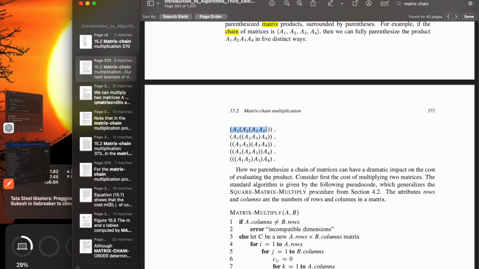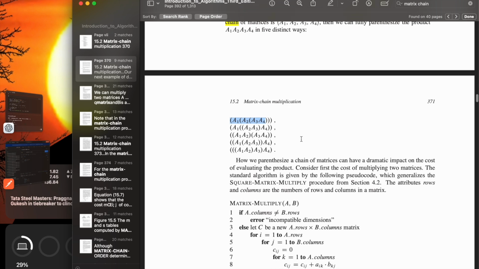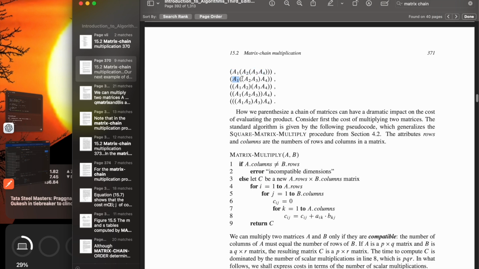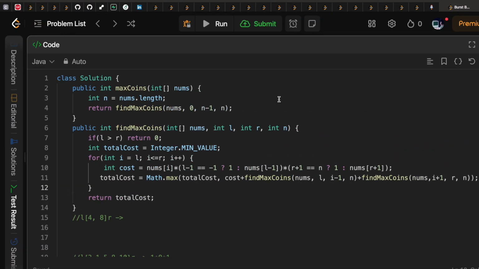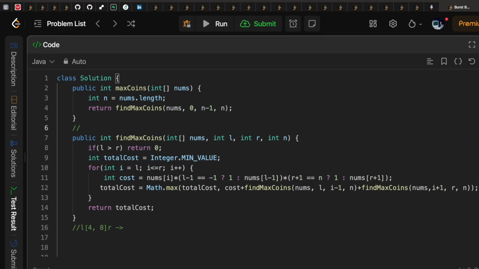So basically this is the same problem where we multiply the matrices, and our goal is to reduce the cost of multiplication of the matrices. So it's the same question, means in matrix chain multiplication what we do, basically suppose we have this particular array 4 and 5.